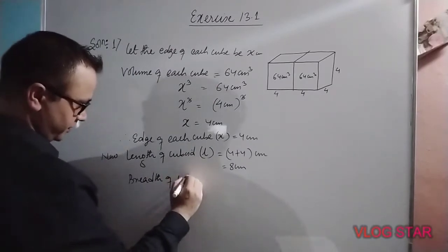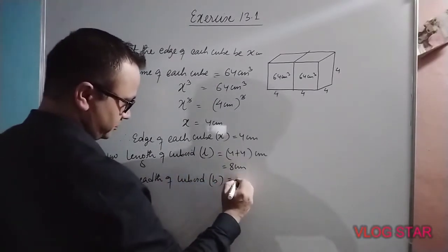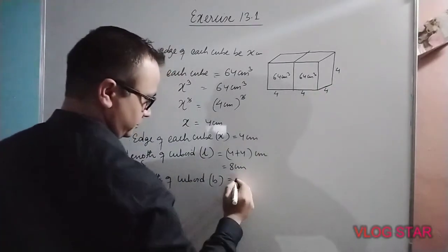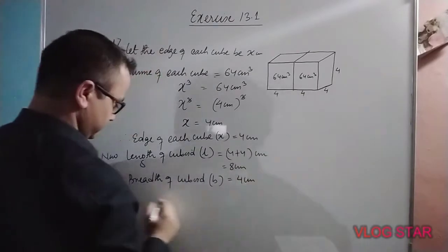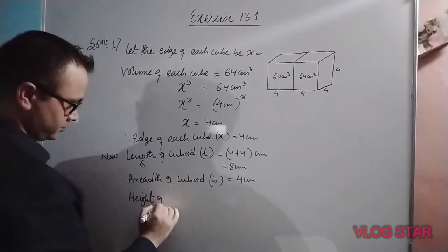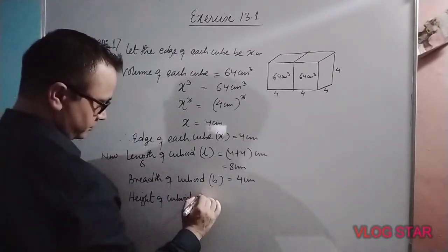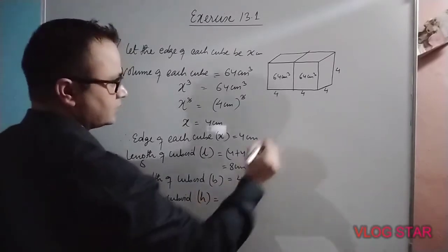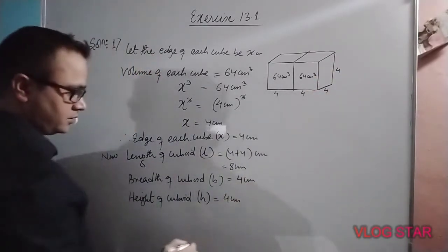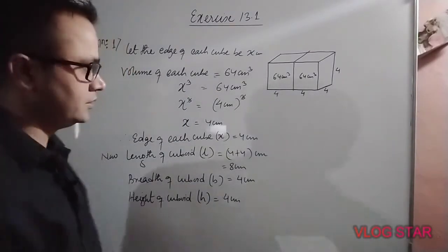Breadth of cuboid, B, is 4 centimeter. Height of cuboid, H, is also 4 centimeter.